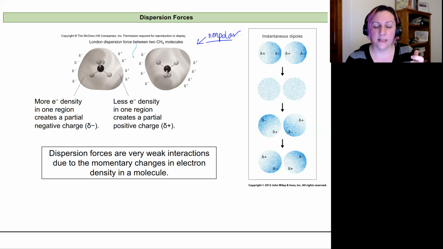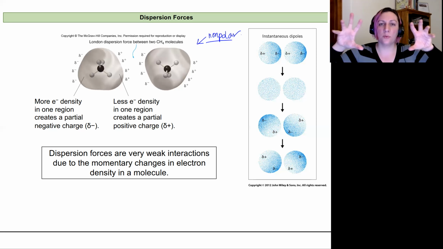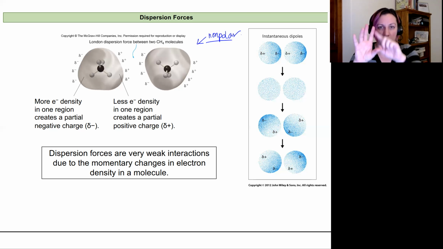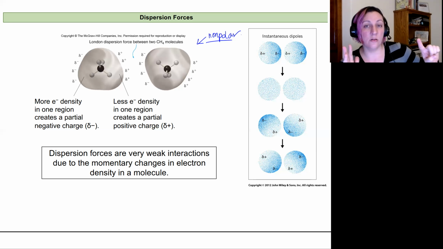Remember, it's not just a ball of negative energy. There's that big positive charge from the nucleus smack in the middle. And so what happens as you bring these together is that the electrons on the outside of one of those methane molecules become attracted a little bit to the nucleus on the other particle. They're pretty far apart, right?